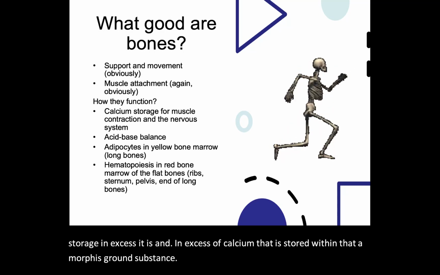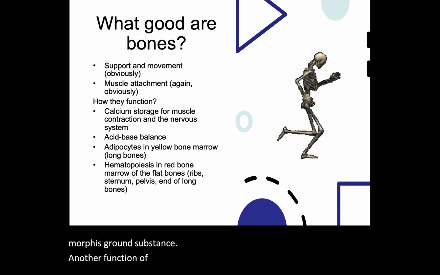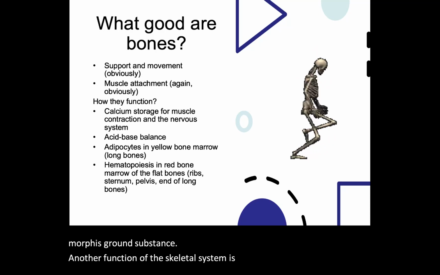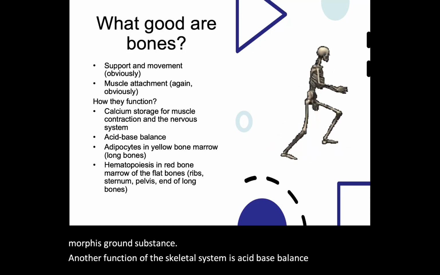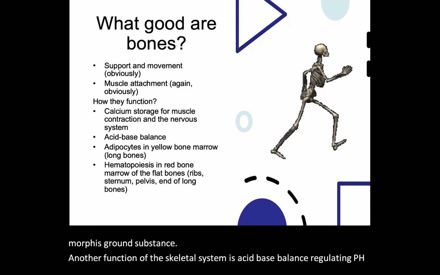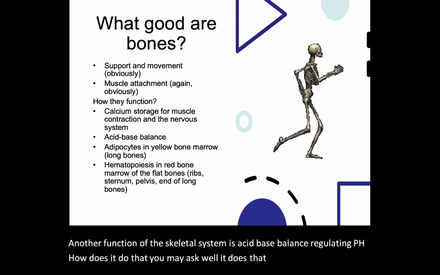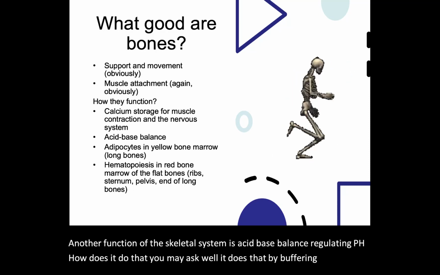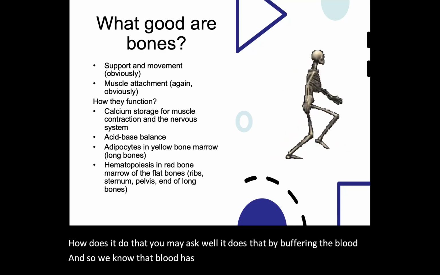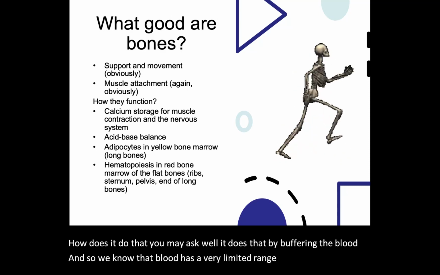Another function of the skeletal system is acid-base balance, regulating pH. How does it do that, you may ask? Well, it does that by buffering the blood. We know that blood has a very limited range of pH.